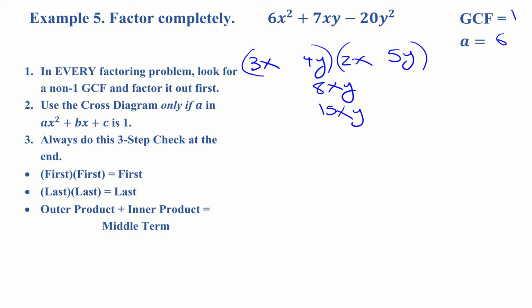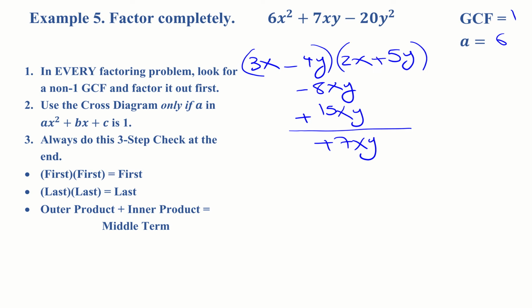Now, what we're hoping for is for a combination of these two, the inner and the outer products, to be positive 7xy. The question is, is it doable, right? Well, this can happen if the larger number 15xy is positive and the smaller 8 is negative. So this means the negative will have to go here and the positive will have to go here.